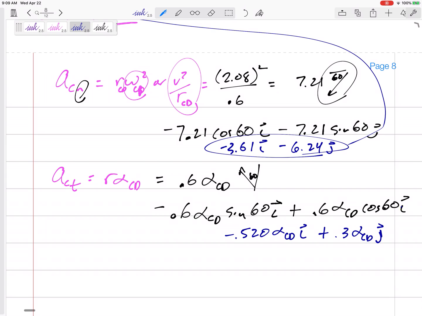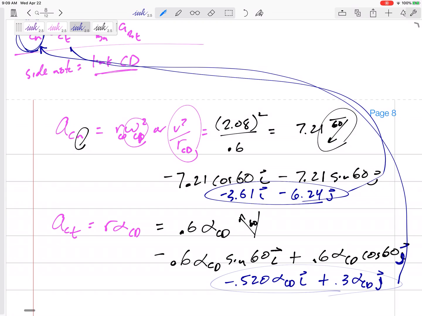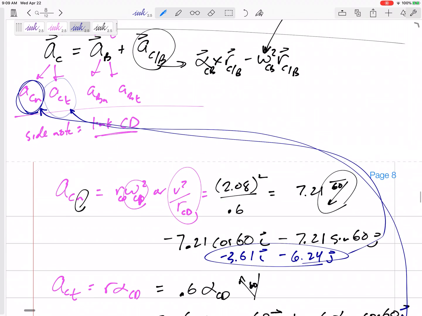Let's see, this one is J, sorry. Yeah, this one is J. That one is I. All right, and so that is what I'm going to plug in just for this little term right here for my tangential.